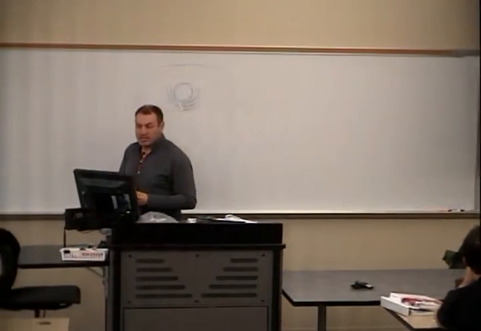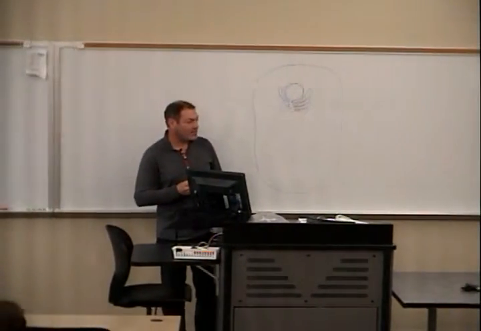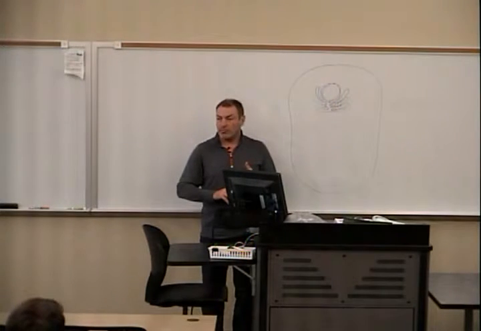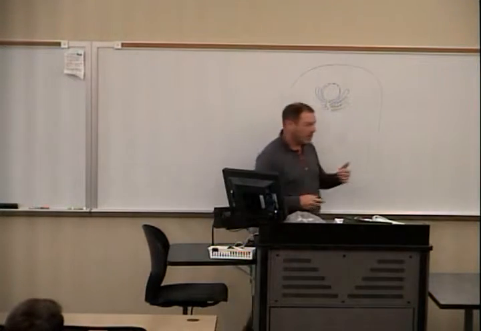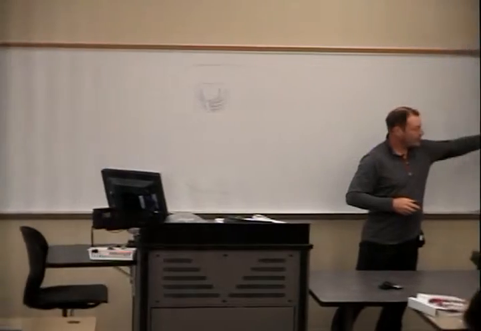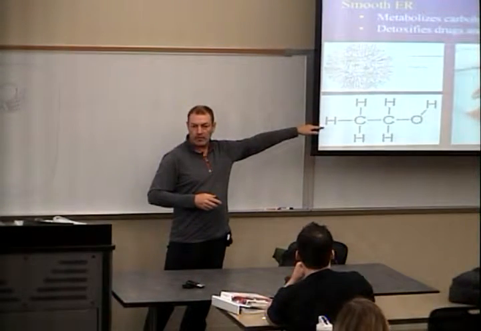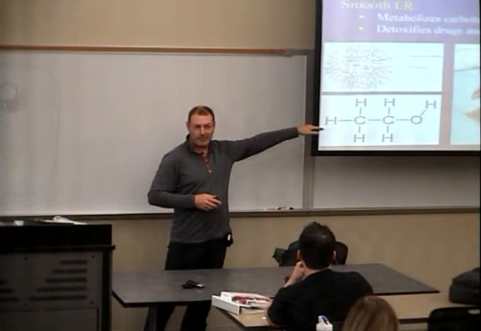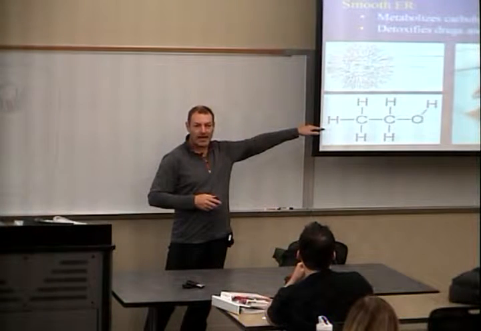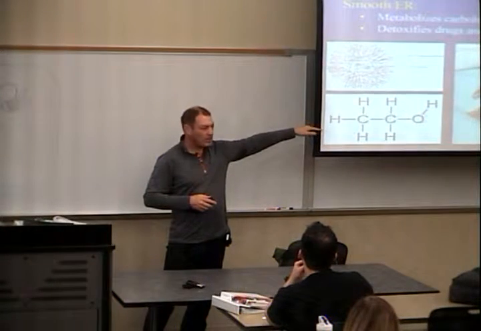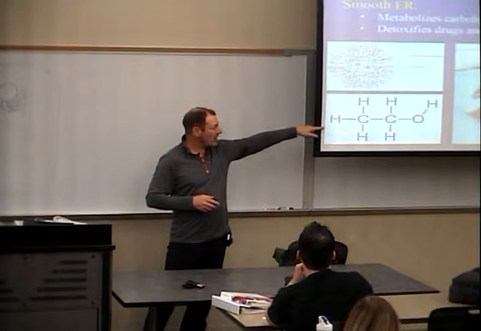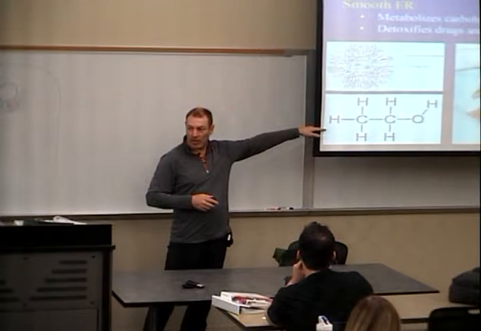All right. So the smooth ER is also the site of detoxification for different drugs and poisons. So anybody know what this substance is? It's ethanol, alcohol. When you have a glass of wine or a beer, it's got alcohol in it. That's what it looks like, a very simple molecule.